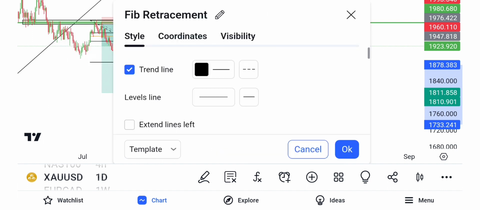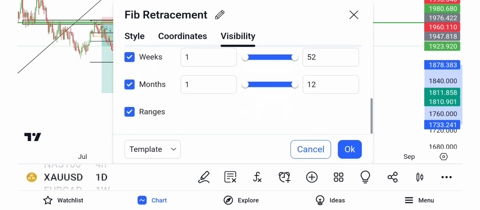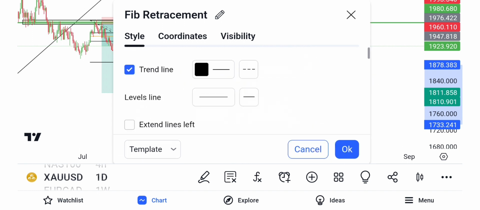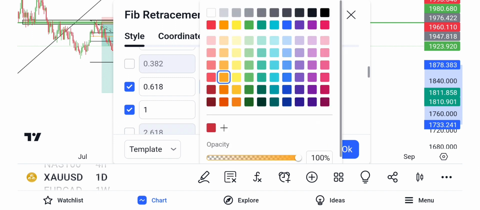After you come to settings, go to style, scroll down, and here where you see 61.8, 0.618, tap on that color and make it orange or red or blue, just for you to know this zone is important, right?